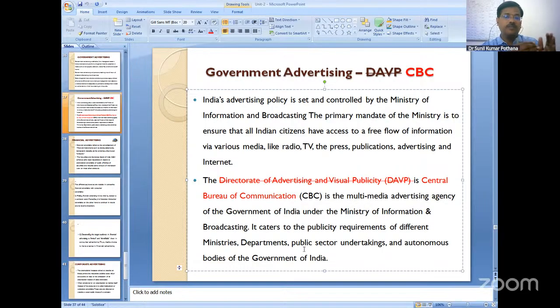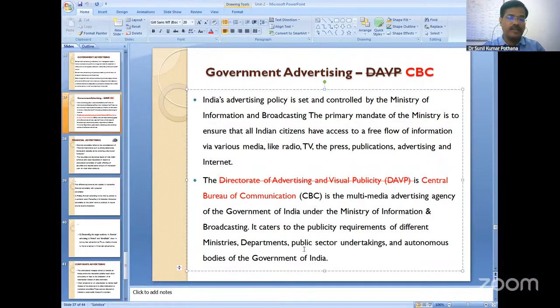Now some departments have been merged to form the Central Bureau of Communication. This is a multimedia advertising agency, and an information sector is there. Various departments are under this. Particularly for the advertisements, there is a division.